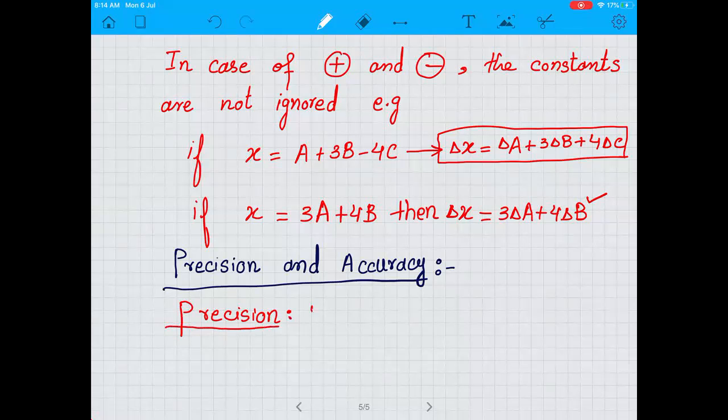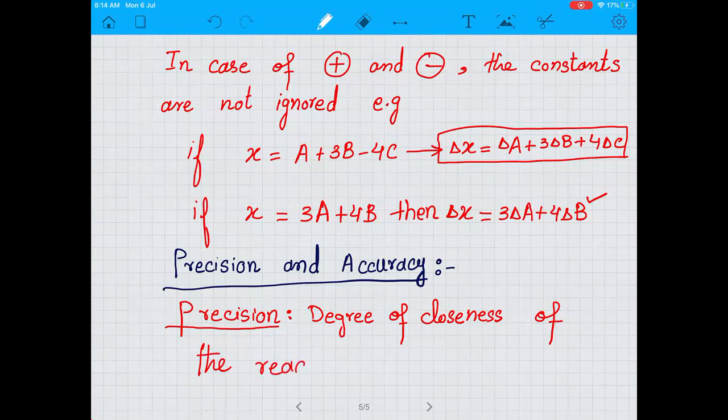Precision is basically the degree of closeness of the readings in an experiment.